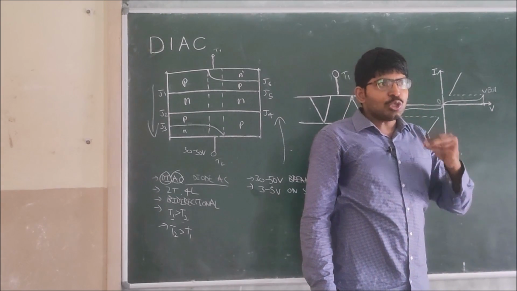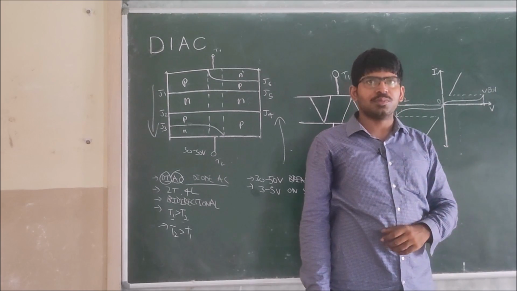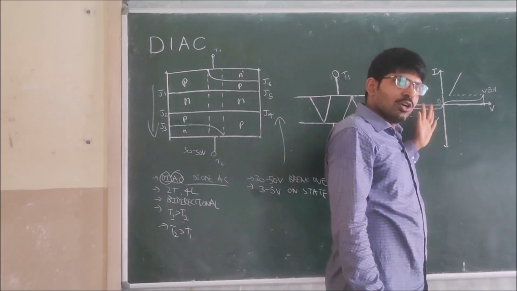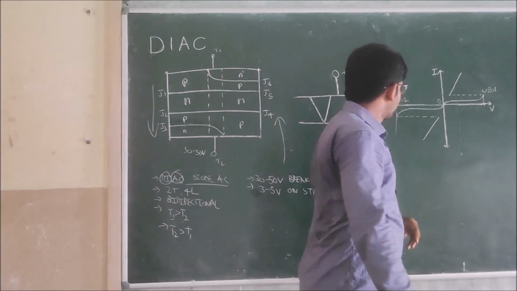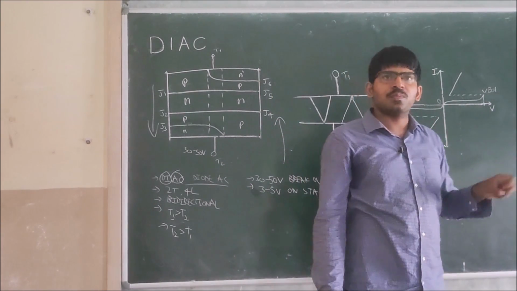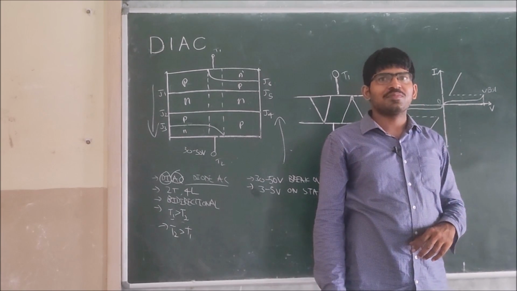In order to reduce this current, we use an external commutation circuit. When it conducts in the first quadrant or in the third quadrant, in both directions, it operates in the same way. We use this diac for dimming applications, light dimming applications.